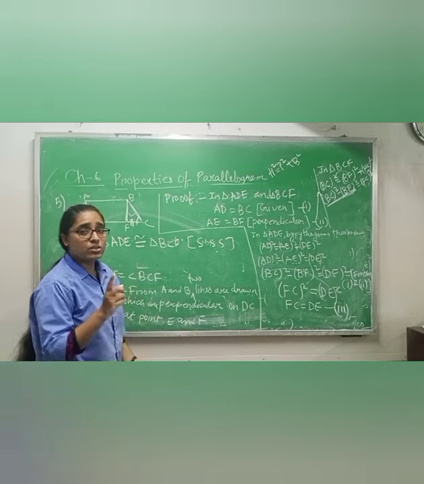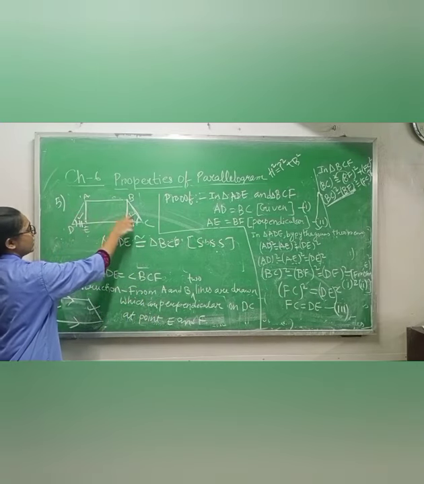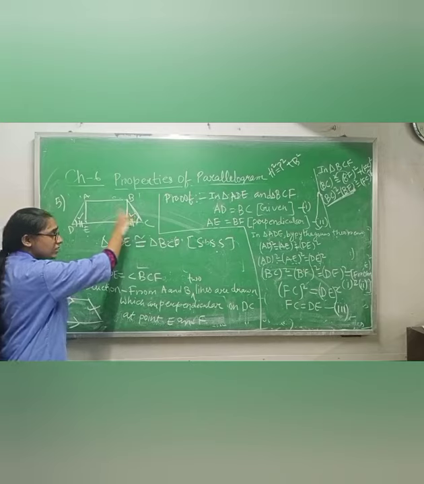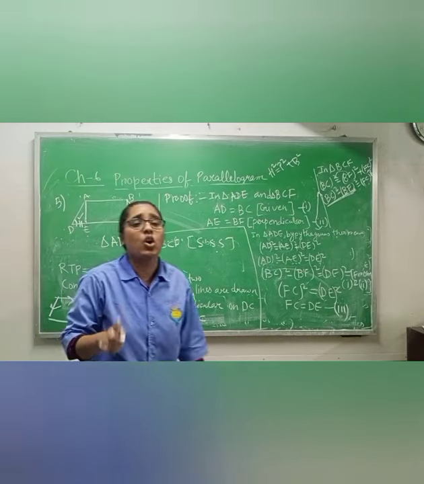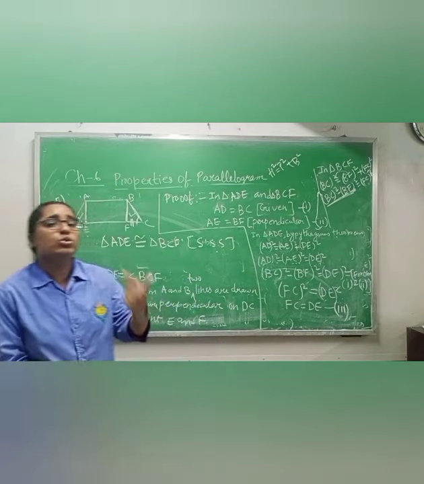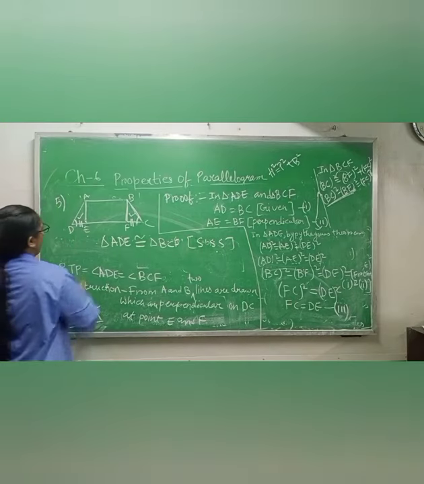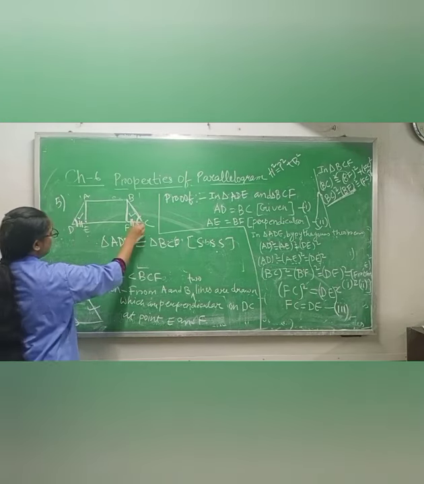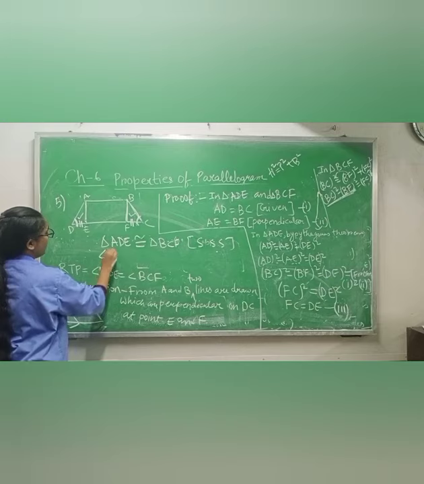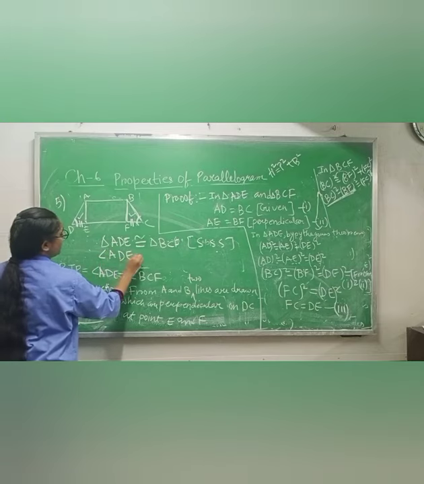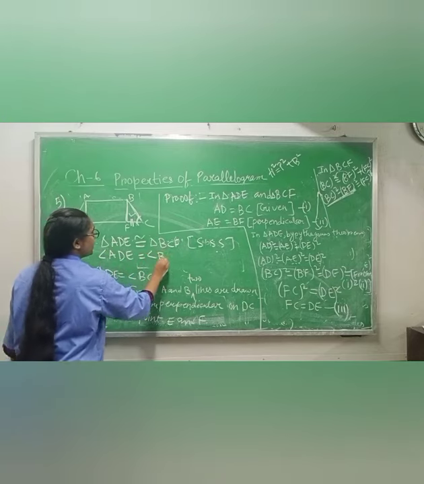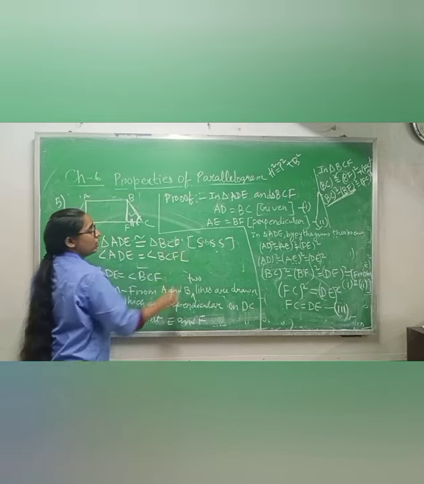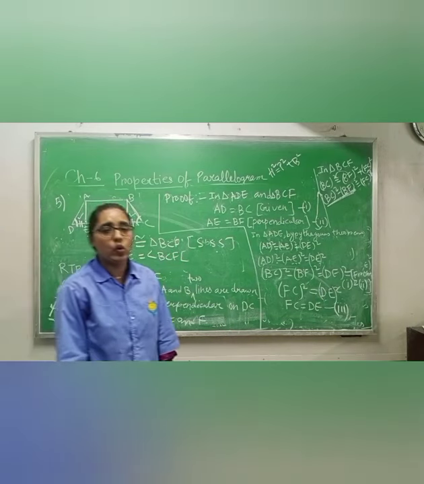When you prove that this triangle and this triangle are congruent, it means that corresponding angles are also congruent. So which two angles are congruent? This angle and this angle. Therefore, angle ADE equals angle BCF. And what is the reason? Corresponding angles of a congruent triangle.